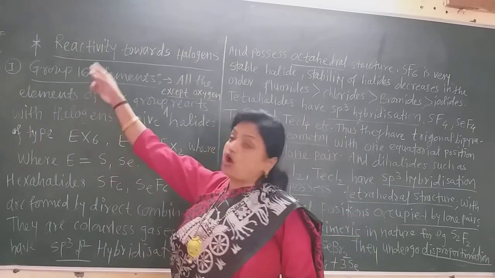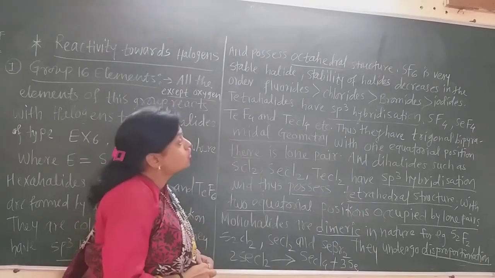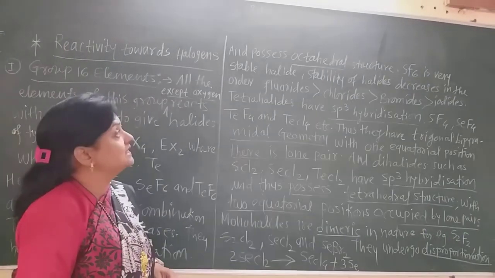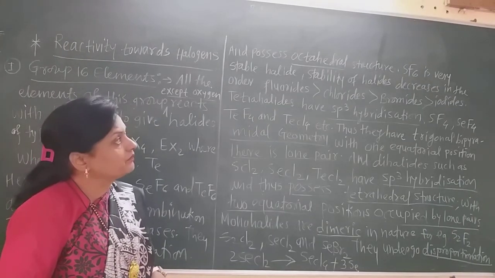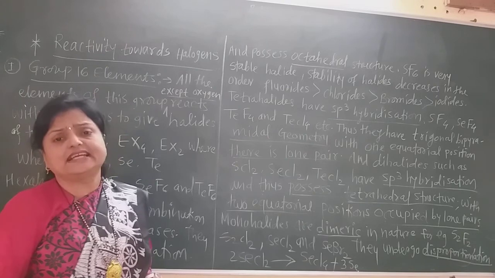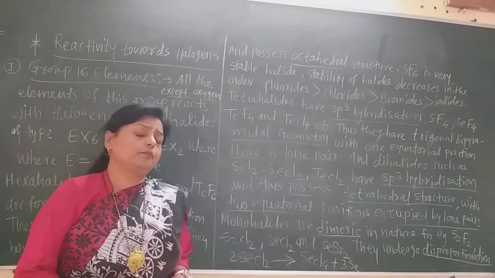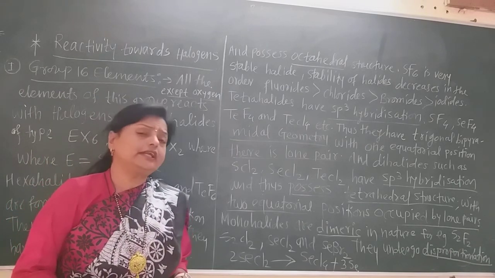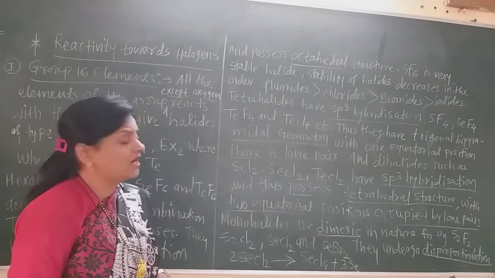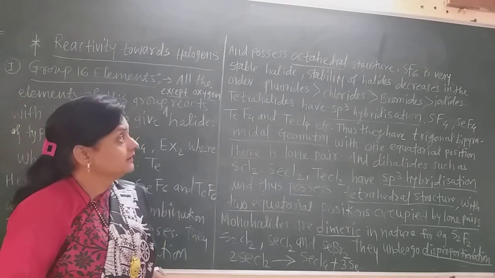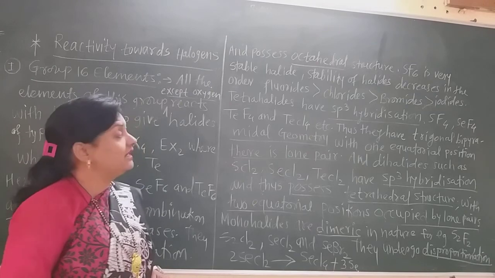So all these hexahalides possess octahedral structure. Now SF6, sulfur hexafluoride, is an extraordinarily stable hexahalide of sulfur.